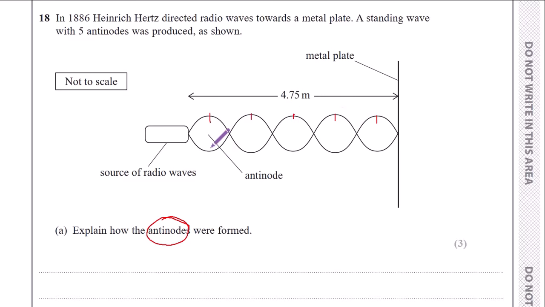Or this time, this is optional, antinodes are formed when the path difference is a whole number of wavelengths. So one last time, the incident wave and the reflected wave superpose, and antinodes are formed when the waves are in phase, or when the waves undergo constructive superposition.